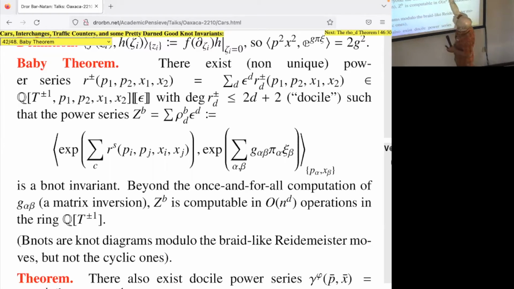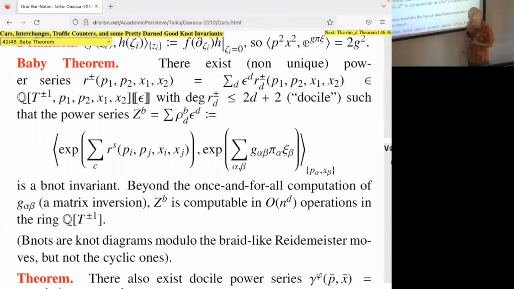So you exponentiate the green function with some formal variables and then differentiate it with respect to the P's and X's. I'm being very rough, okay?